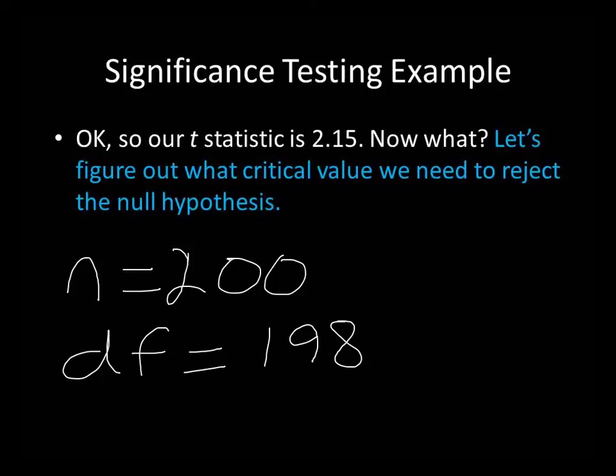And it just so happens that for a one-tailed test at the 0.05 level with more than 100 degrees of freedom, the critical value is 1.66 for the t statistic. So our t statistic, our t value that we found from our data, was 2.15. The critical value was 1.66. So that means something.